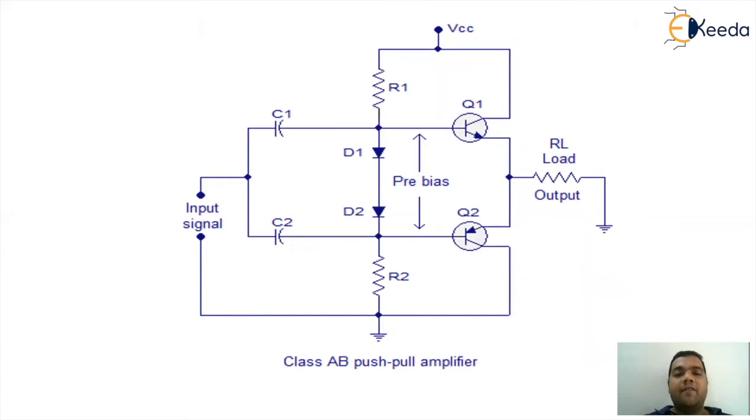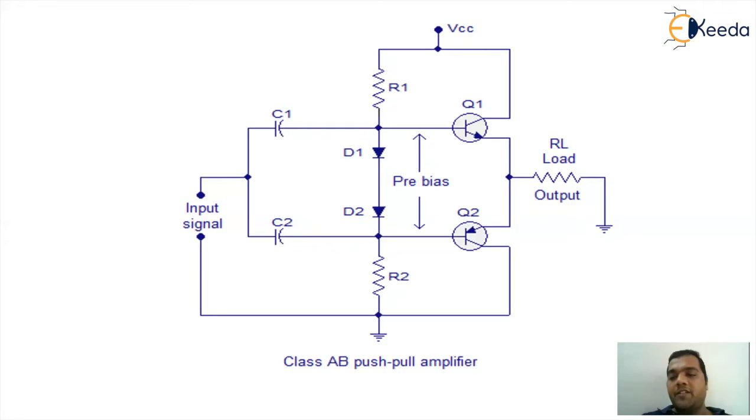In the previous diagram, we have seen that the input was given at the junction of D1 and D2. Suppose I want to give the input to the base of both the transistors, then in that case, we have to use a common point where the input will be connected and two coupling capacitors will be utilized as C1 and C2, where you can see the two independent input paths that will be controlling the operation for Q1 and Q2.